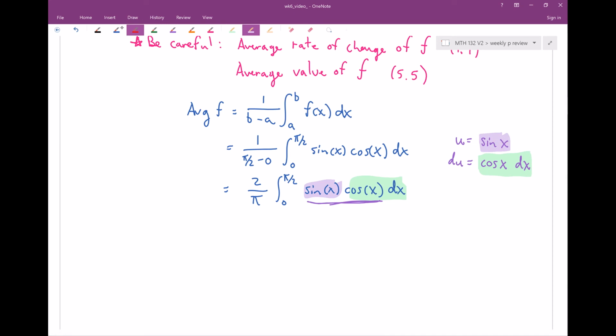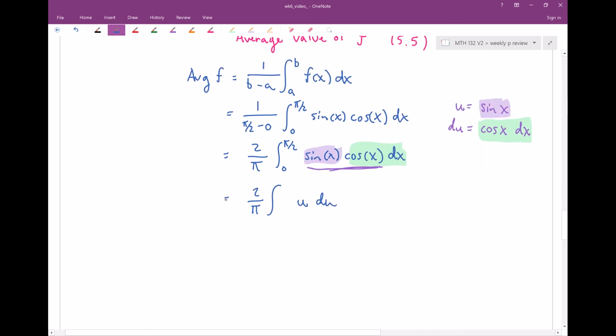So let's trade all this in. This is going to be 2 over pi, the integral of, sine of x is u, and cosine of x dx is du. So I'm going to integrate this. When I integrate u with respect to u, I need to raise my power by 1, and I need to multiply by the reciprocal of my new power.